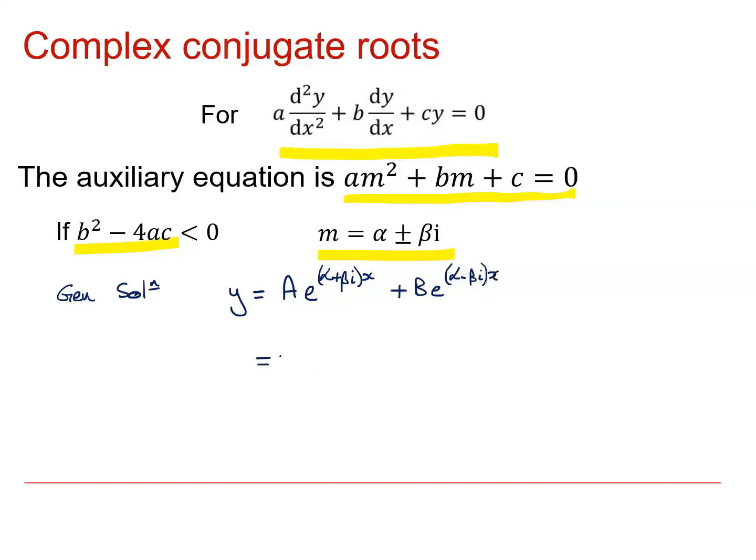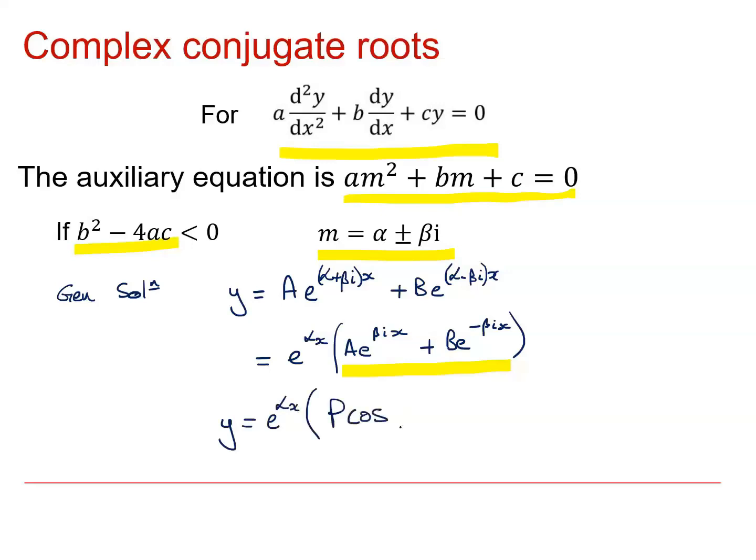Well, I can take out a factor of e to the alpha x, so I'm going to get e to the alpha x times (A e to the beta i x plus B e to the minus beta i x). And we've already seen that this can be written in terms of cosines and sines, so I'm going to get a general solution that is e to the alpha x times (P cos beta x plus Q sine beta x).